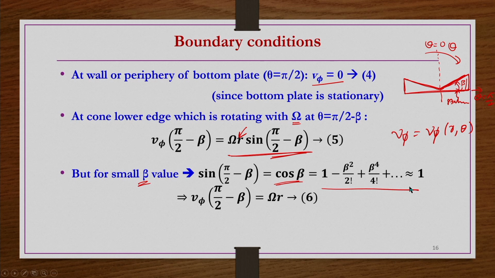When you expand it, you get 1 minus beta squared by 2 factorial plus beta to the power 4 by 4 factorial and so on. That is approximately equal to 1 if beta is very small. So sin of pi by 2 minus beta is approximately equal to 1 if beta is small. Then V phi at theta equal to pi by 2 minus beta is nothing but omega r.